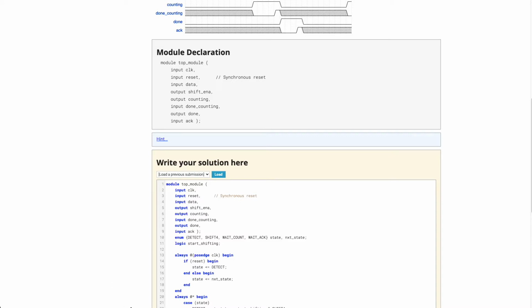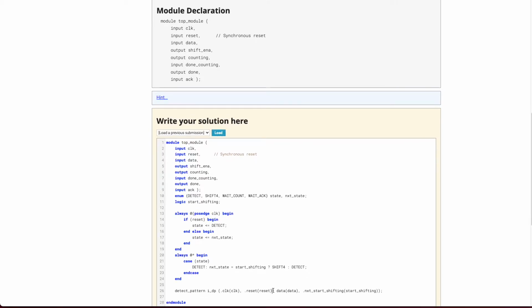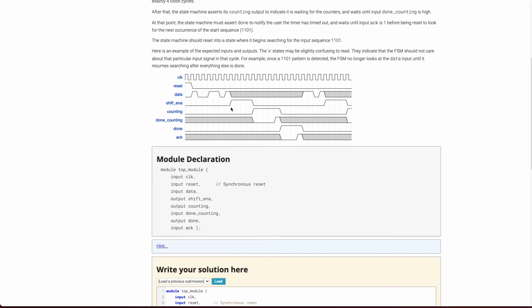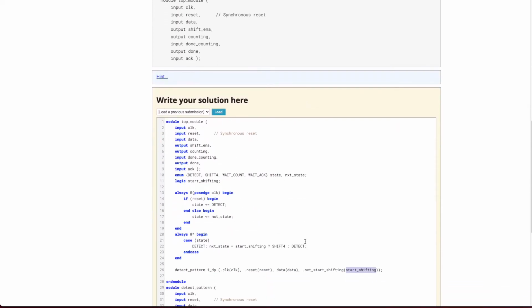Actually, let me just make this window smaller so you can see it. Otherwise, they detect, right? We just want to keep detecting until we detect 1101, and then the next state is shift 4.